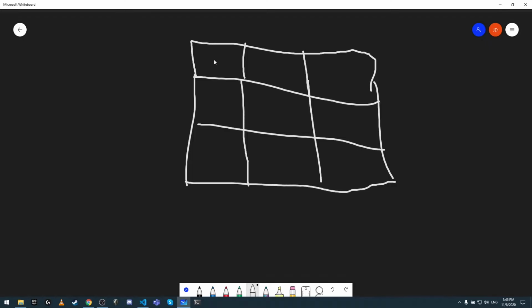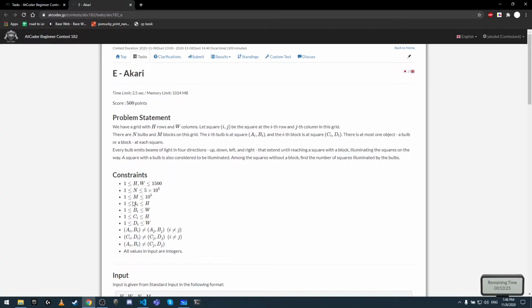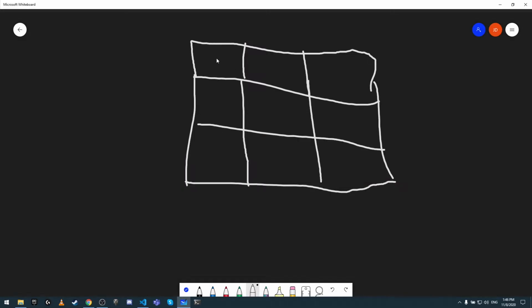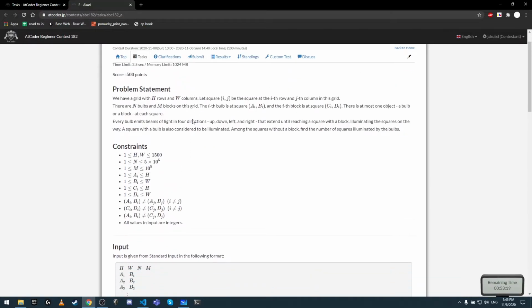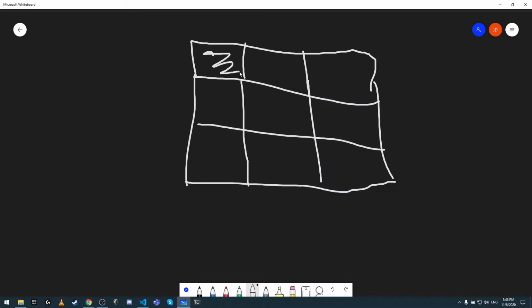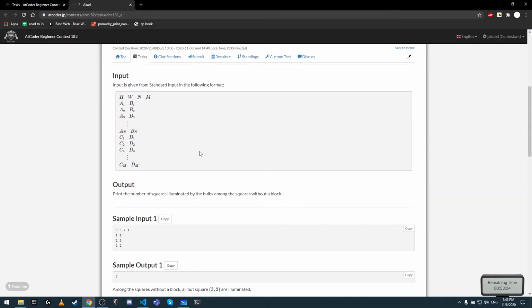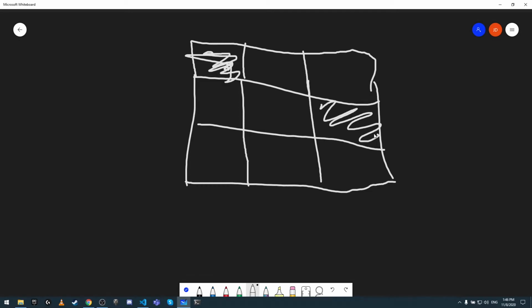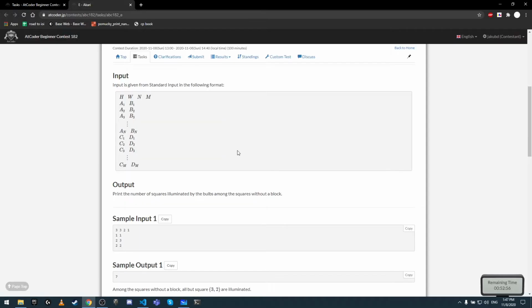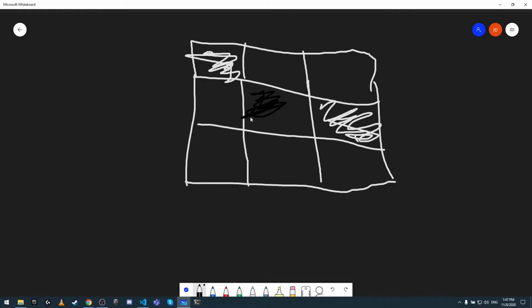Now here's a bulb, let's say at 1, right? Okay, so here's bulb. Why am I doing a legend for me? And then another bulb is at 2, 3. So here. And then there's also one block at position 2, 2, because they cannot emit light through this one.